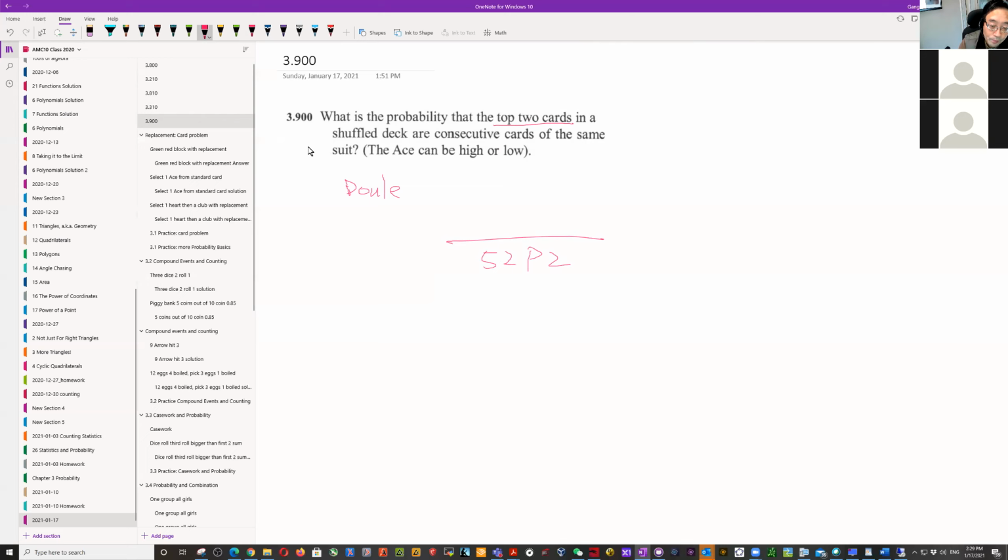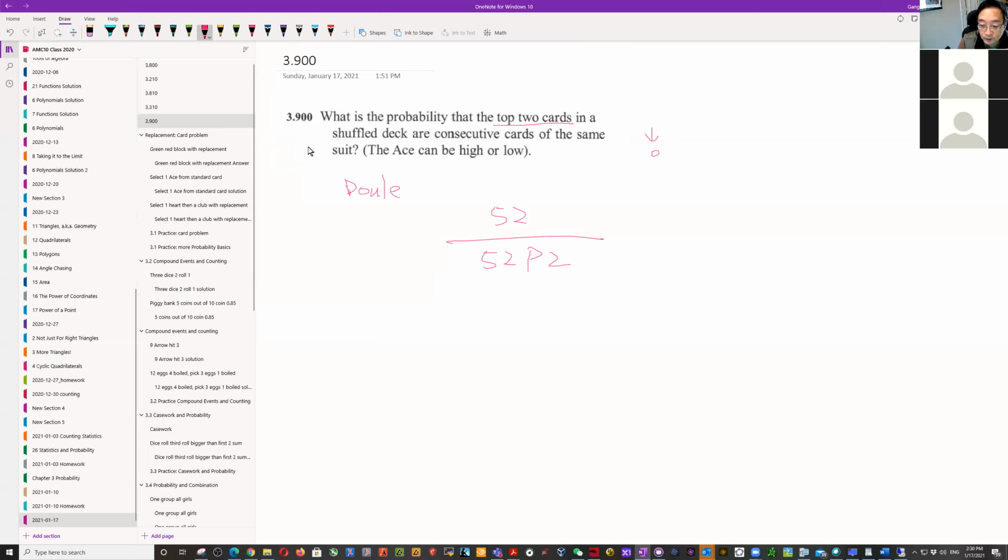And for the consecutive card of the same suit, the first card you are allowed to select any card. So it's 52.